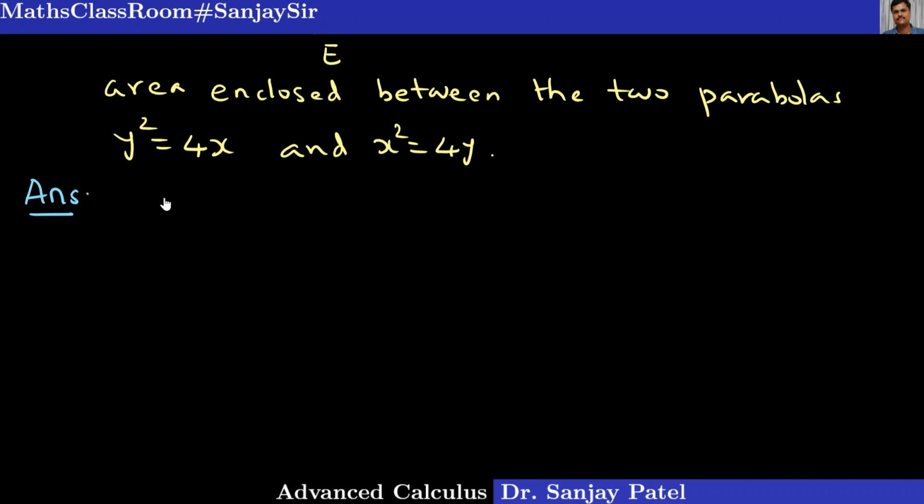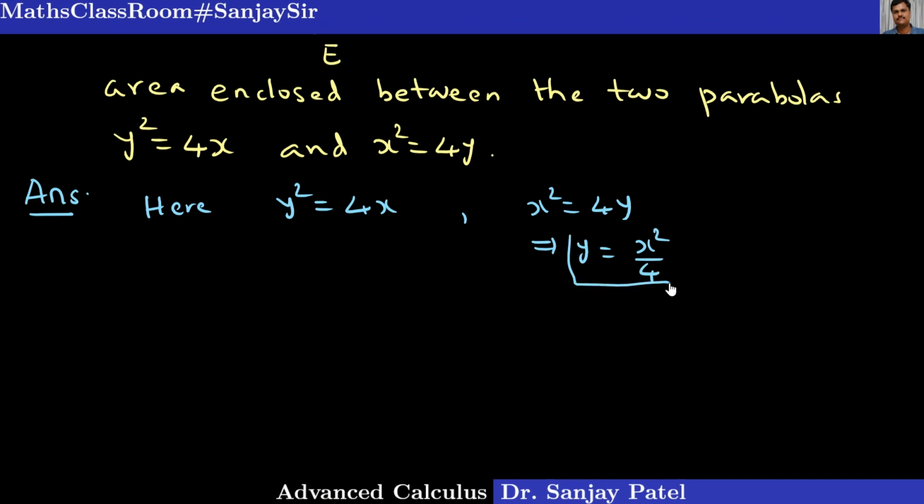Okay. First of all, I will find the intersection of these two curves. So here we have y square is equal to 4x, and the second equation is x square is equal to 4y. So let me put y equal to x square by 4 from this parabola equation and substitute this value in the other equation.